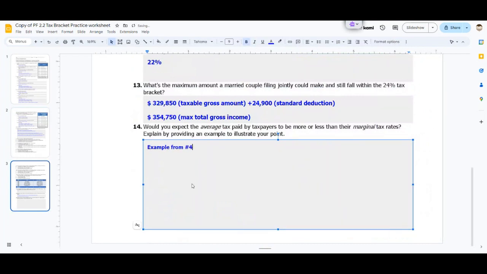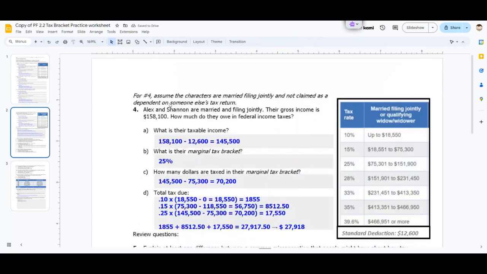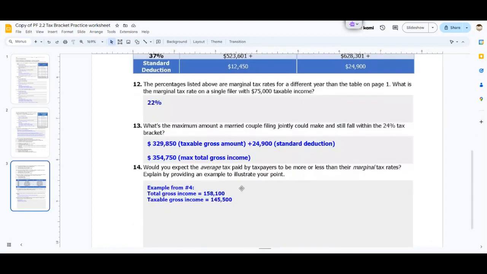From number 4 above, their total gross income was 158,100, right? Which means their taxable gross income was 145,500, right? So I'm just taking this straight from here. They earned 158,100 and their taxable gross after their deduction was 145,500.